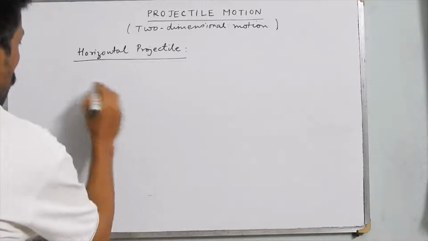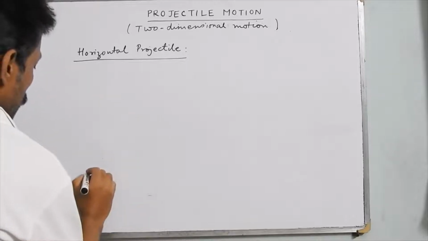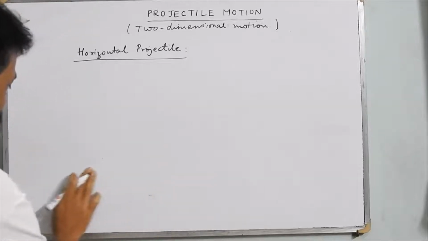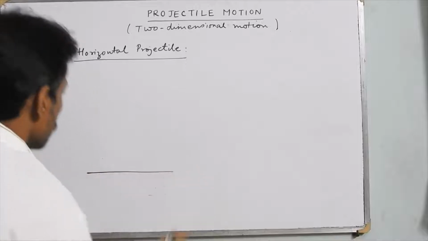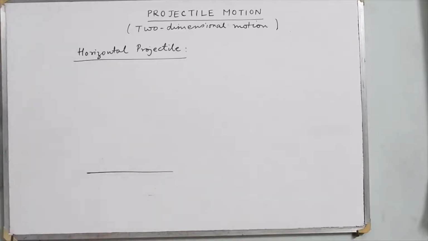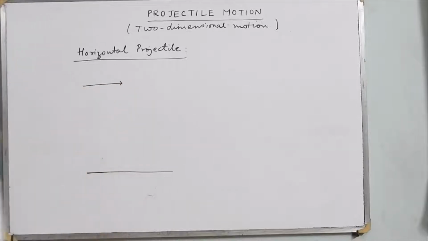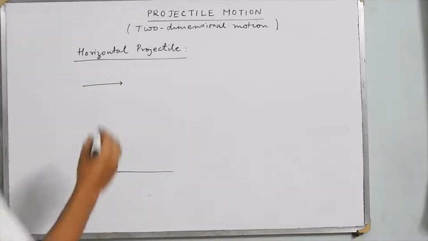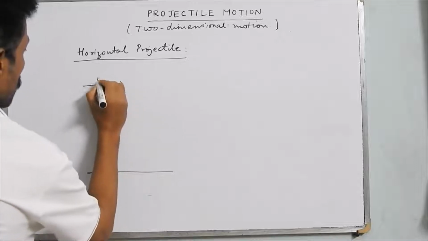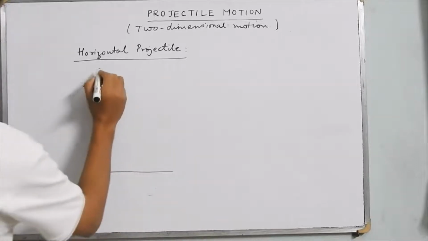So suppose with respect to the surface of the earth, the object has been thrown in the horizontal direction with a certain velocity, and let that velocity be u vector.